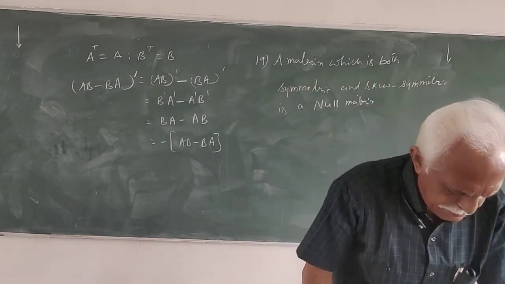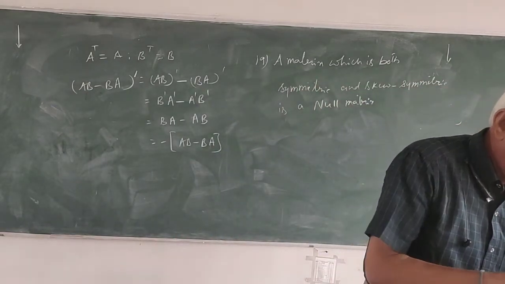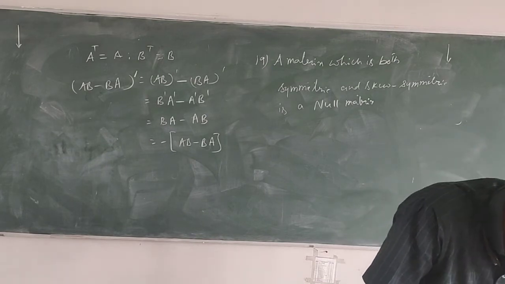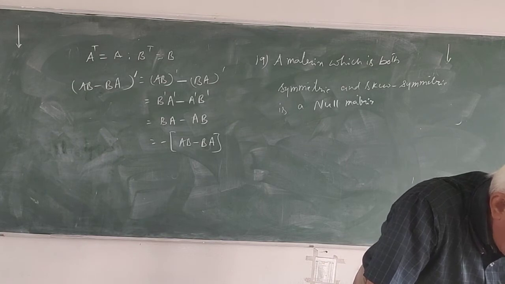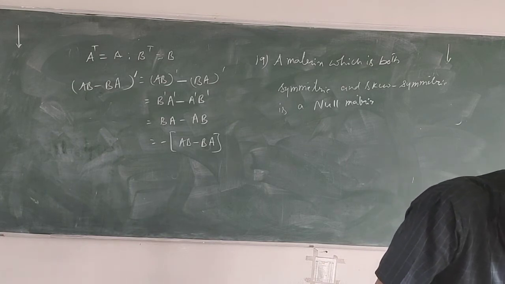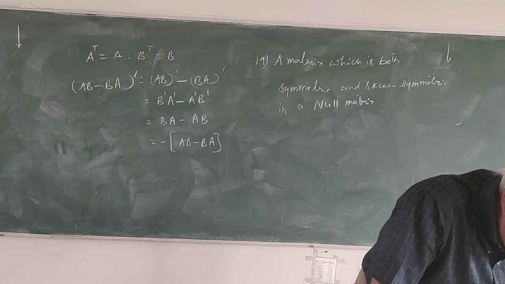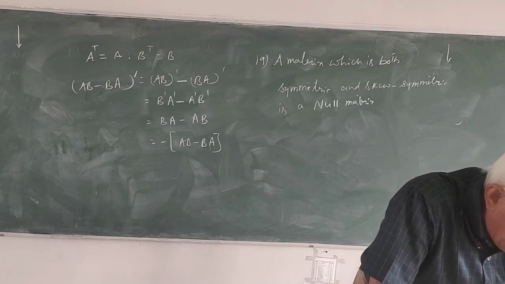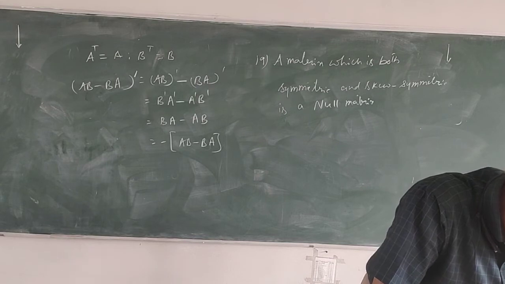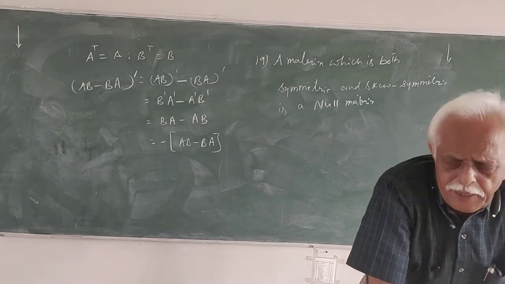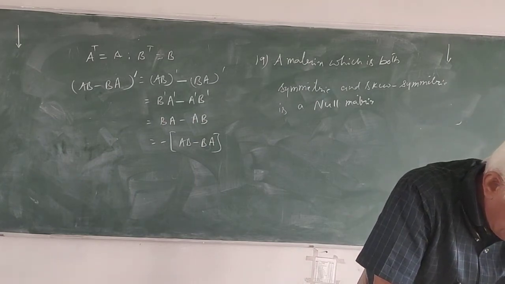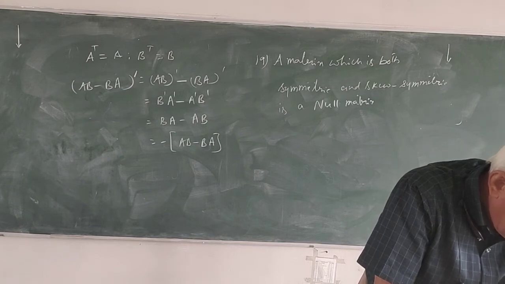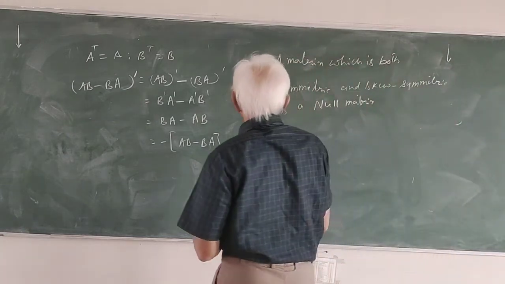Next, bit number 20. If A is a skew symmetric matrix and n is an odd positive integer, then A power n will be a skew symmetric matrix. Make a note.